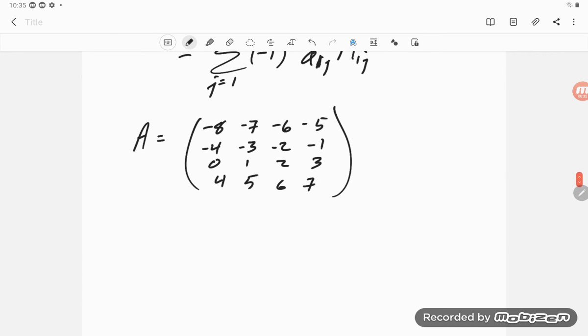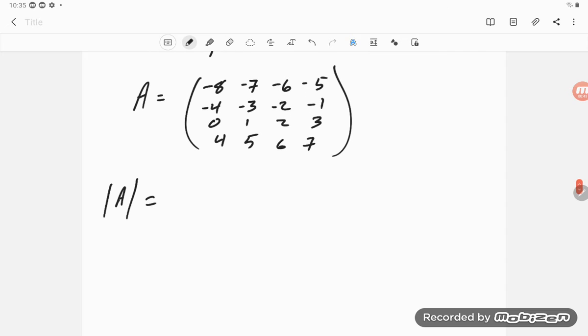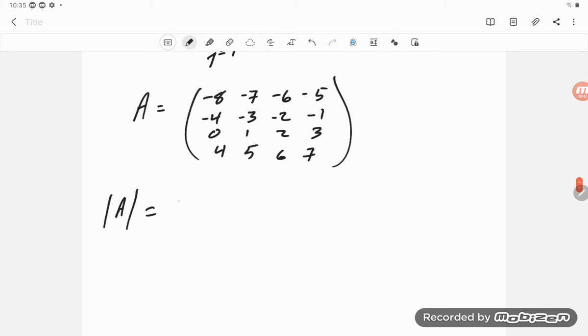If I have that matrix and I want its determinant, then this definition says I need negative 8 times the determinant of negative 3, negative 2, negative 1, 1, 2, 3, 5, 6, 7.